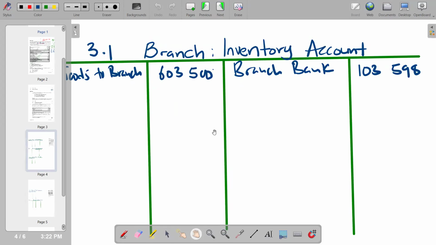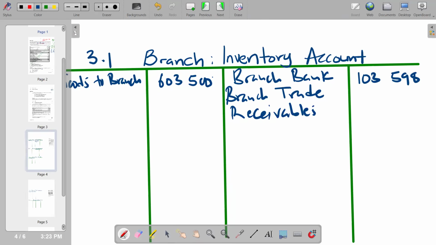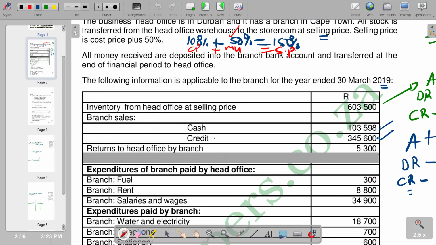So we've got a branch inventory, and this is transferred to the branch trade receivables. So we complete the double entry. And remember the amount that we have is 345,600. So we are done with that one. We go to the next one. So we are done with this one, which is 345,600.